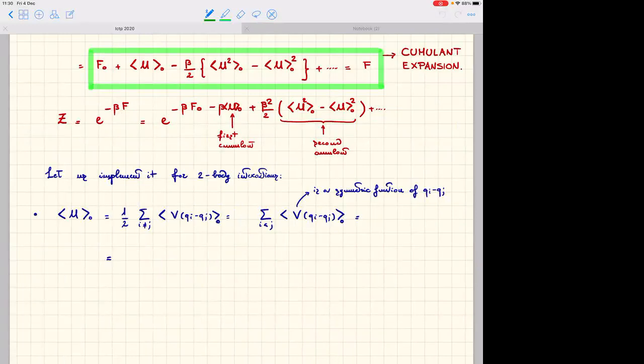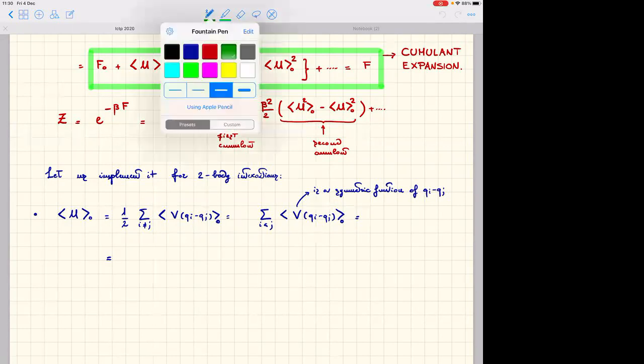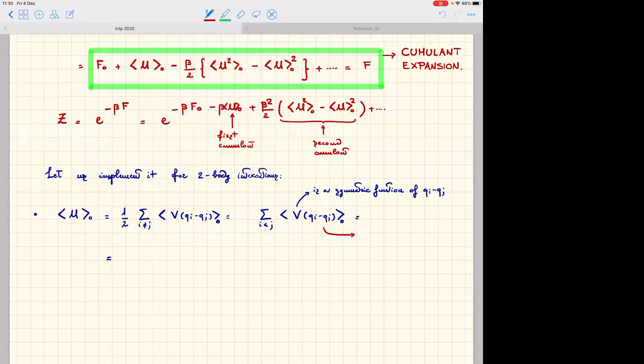All right. So now this average is what? This is equal to the integral dq dp e to the minus beta H naught times V, divided by the integral dq dp e to the minus beta H naught.